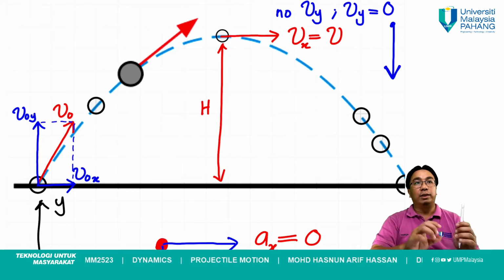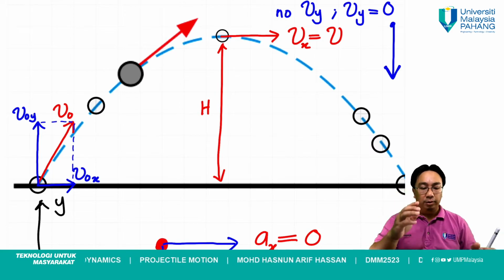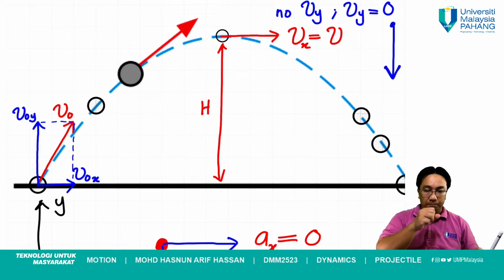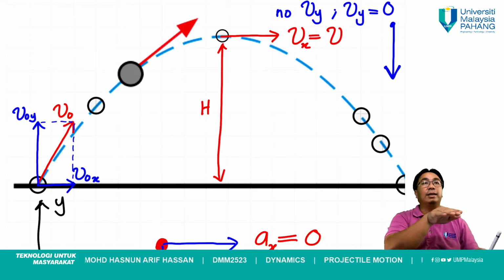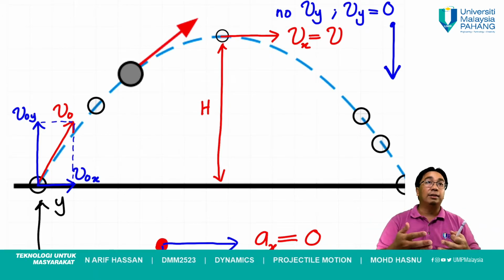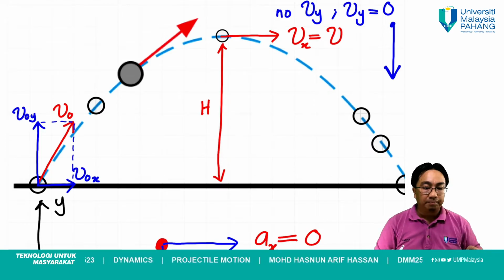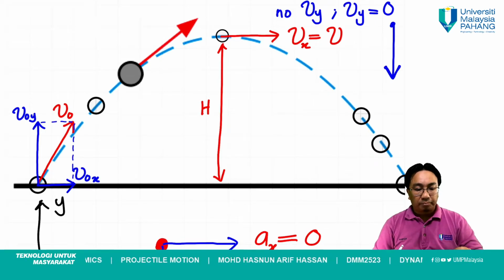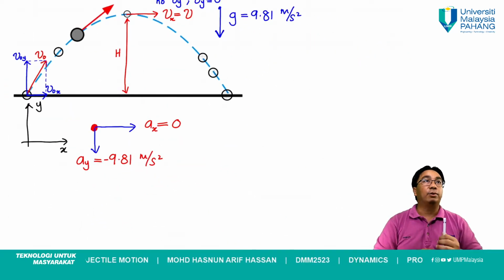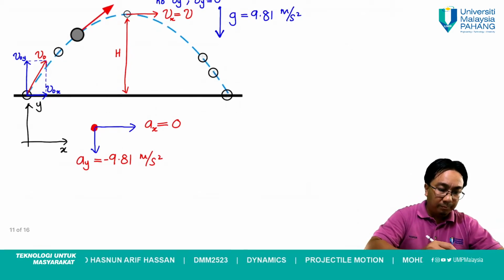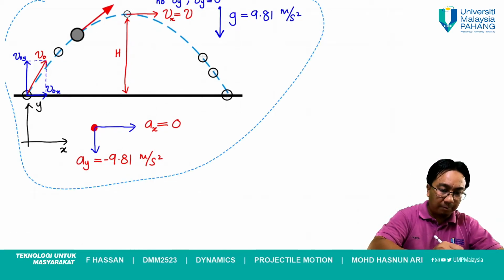When it reaches the peak value h, there is no y component because the direction is only in the x axis. There is no y component of velocity. Can you understand? Do you have any questions on this?